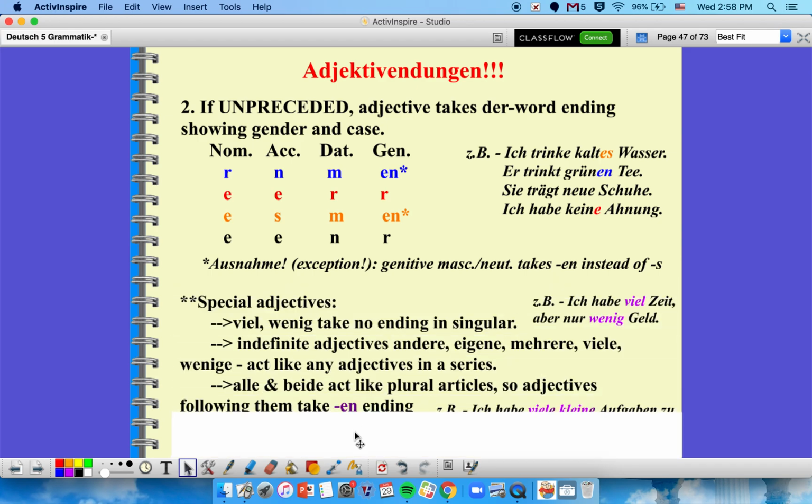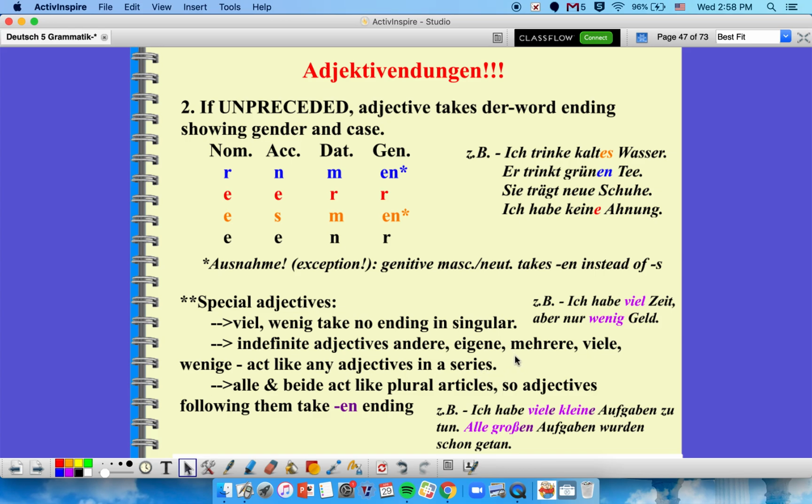Now there are some special adjectives to watch out for. So viel and wenig, when they're being used in singular form, they don't take an ending at all. Also watch out that we have a lot of indefinite adjectives, andere, eigene, mehrere, viele, wenige. They're all plural, but they act like any other adjectives in a series.